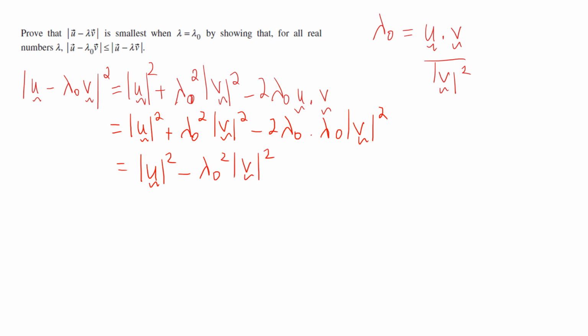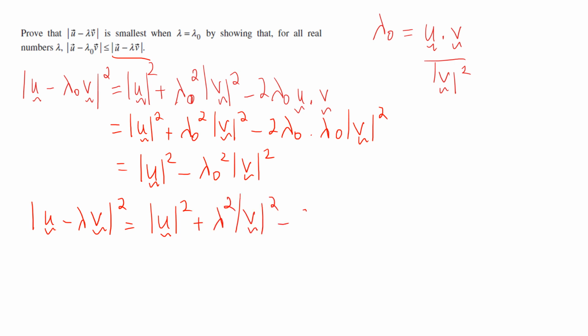Right, now let's do the same for the other side, this one here. So we've got u take away lambda v squared is equal to magnitude of u squared plus lambda squared magnitude of v squared take away 2 lambda u dot v.